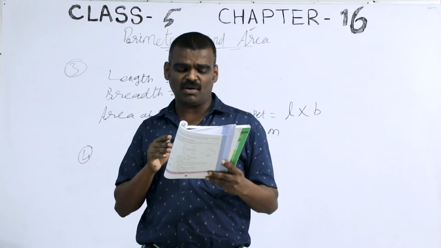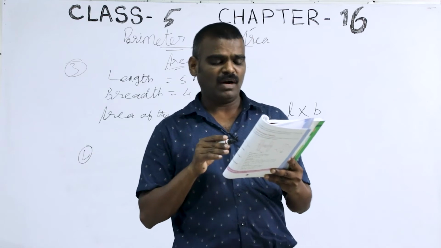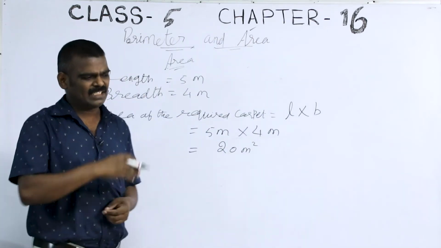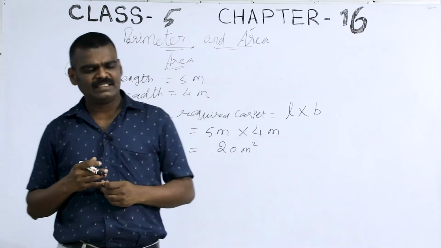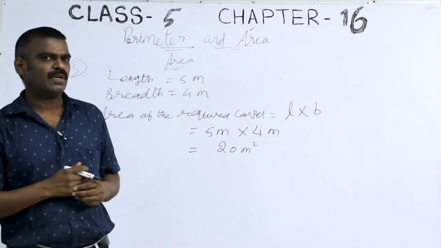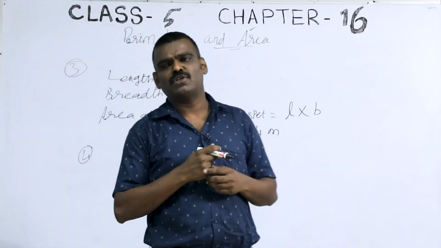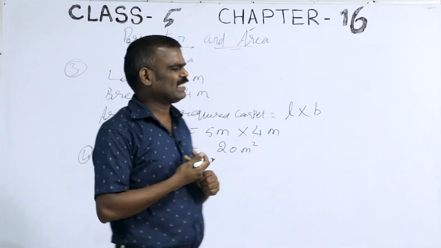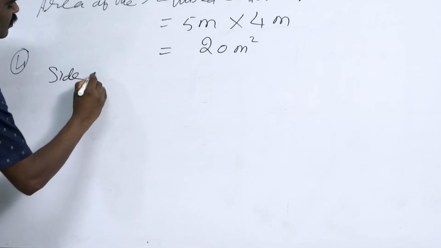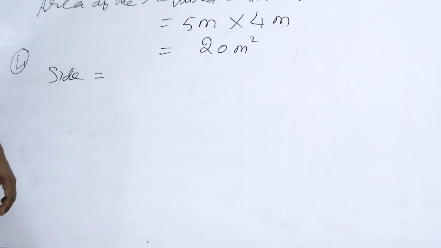Calculate the cost of the plot at rupees 50 per square foot. There is a land. What is this shape? Square shape. So what is the side of the square? Side is equal to how much? 100 feet.